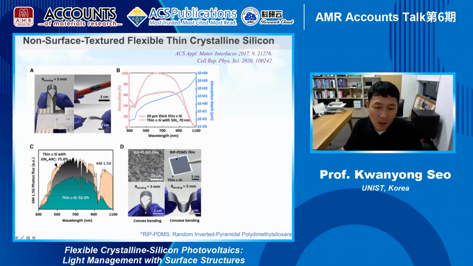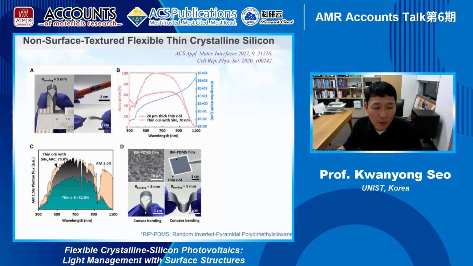We use PDMS, and we treat the surface with a random pyramidal structure on the PDMS, and then prepare it as a sticker and apply this sticker onto the silicon solar cell like this. And this shows the convex bending and concave bending, with a very stable photovoltaic efficiency result.